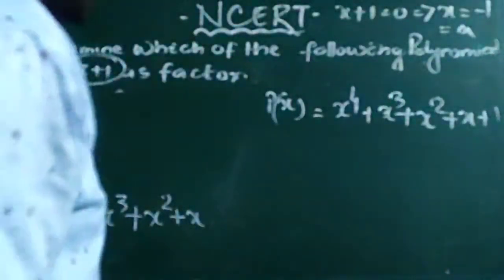Now come to the third example. Now I am putting the value of p(a) here: minus 1 to the power 4, minus 1 to the power 3, minus 1 to the power 2, plus minus 1 plus 1.